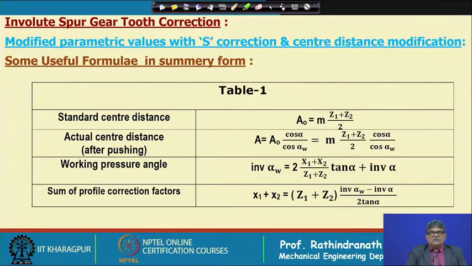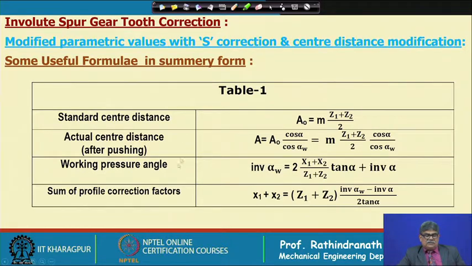So, plus correction we can calculate from there, and the rest of the correction we can assign to the 24 teeth gear. With the help of this formula, we can calculate what will be the amount of corrections, the correction distribution.